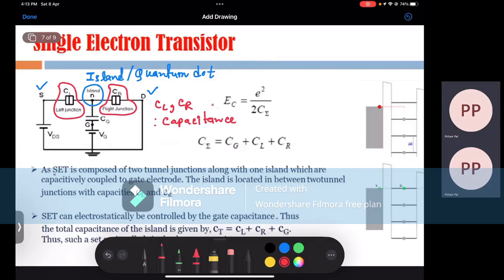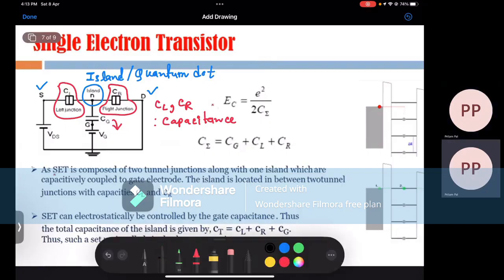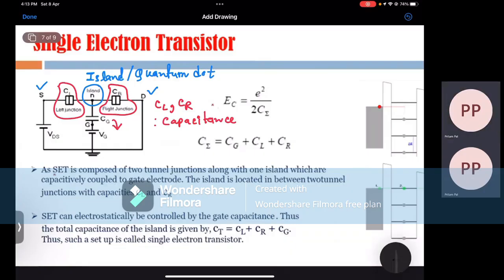In this pathway we have introduced a gate terminal. This one, CG, this terminal we have introduced here. And that gate terminal introduces another capacitance that is called the gate capacitance, right?